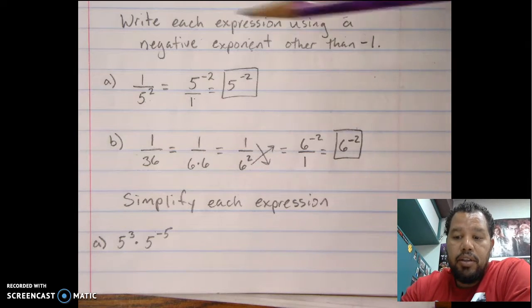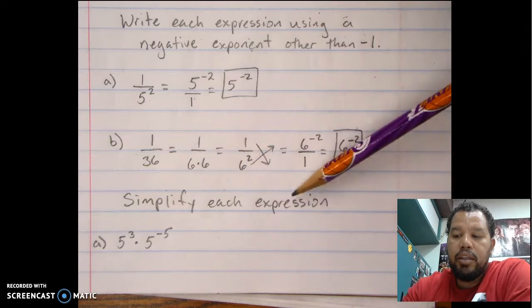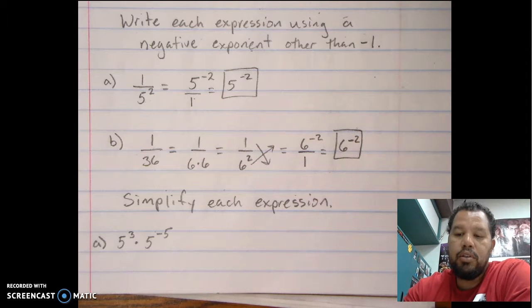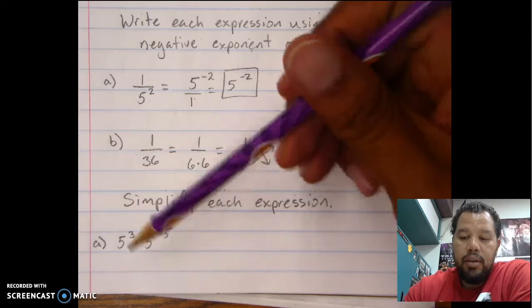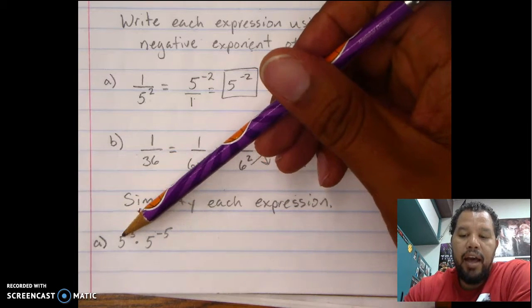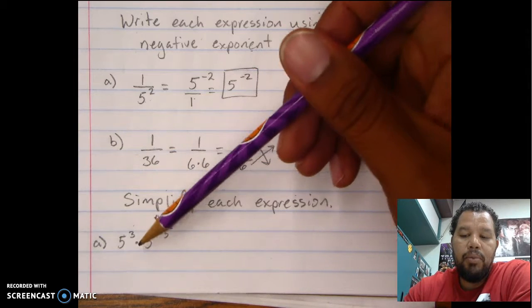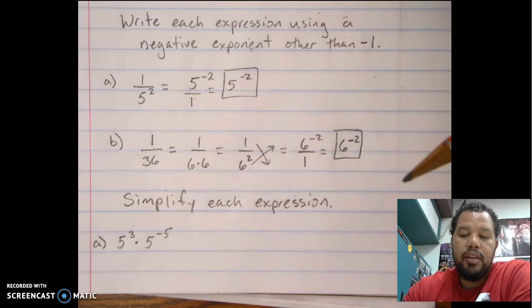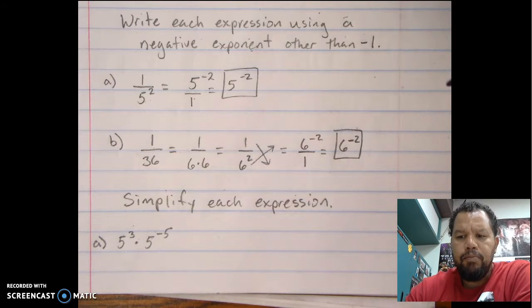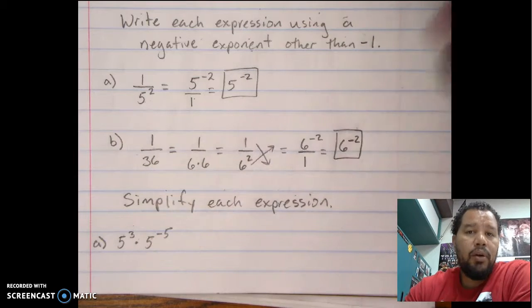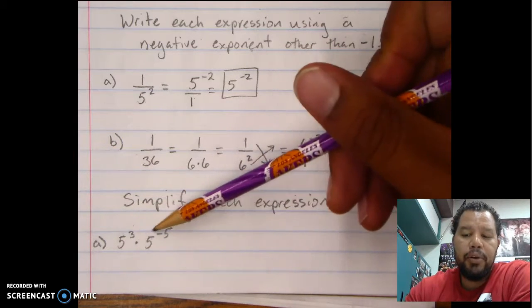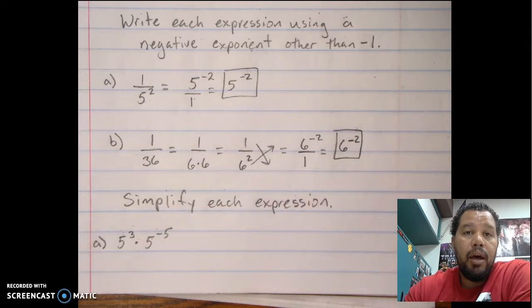In this next section, we are going to simplify each expression. Once again, we're going to use the properties of exponents we've had already, for multiplying and dividing. Here we have 5 to the third power being multiplied times 5 to the negative fifth power. We have two powers with the same base being multiplied.